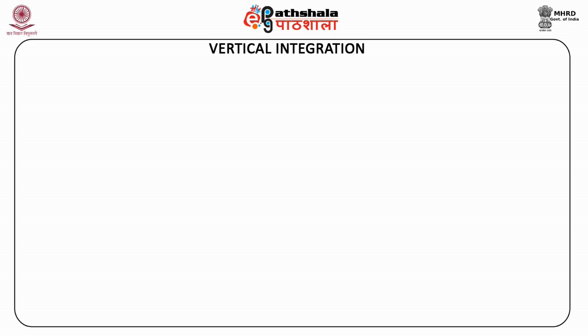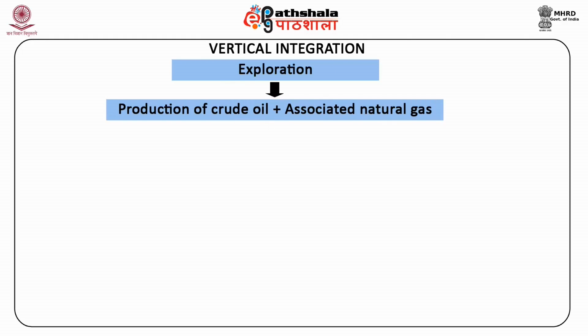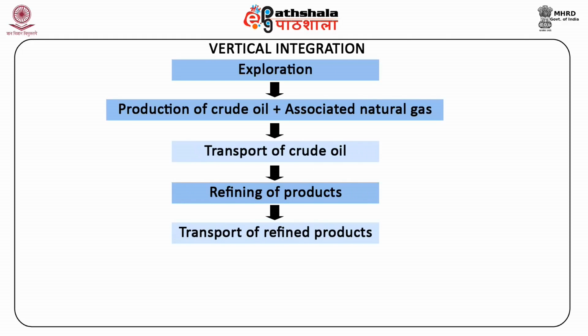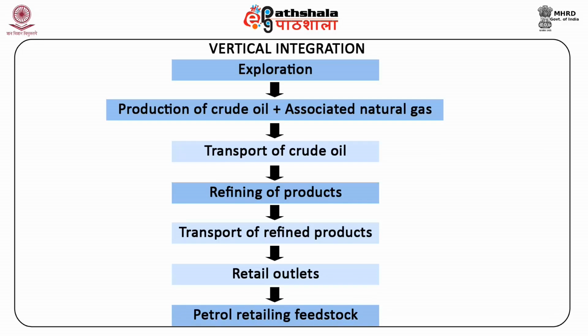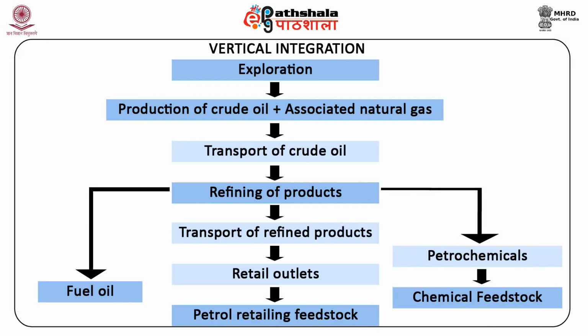Firms in the oil industry have 8 vertically integrated stages, starting from oil exploration, moving down through the stages of production, refining, transportation, and selling to the end users, which comprise petrol retailing, supply of heavy fuel oil for electricity generation, and oil feedstock for chemical industries.